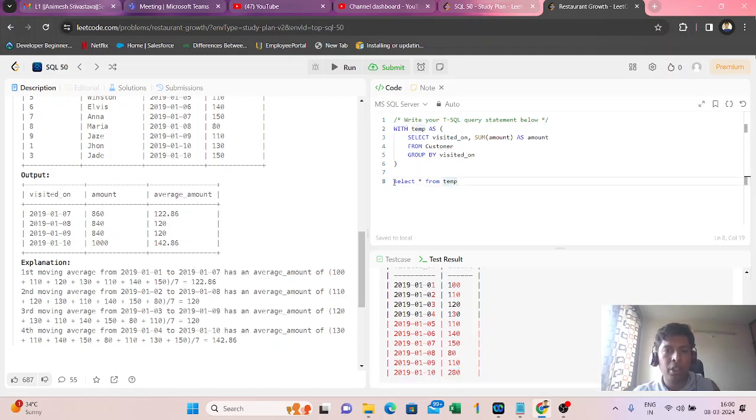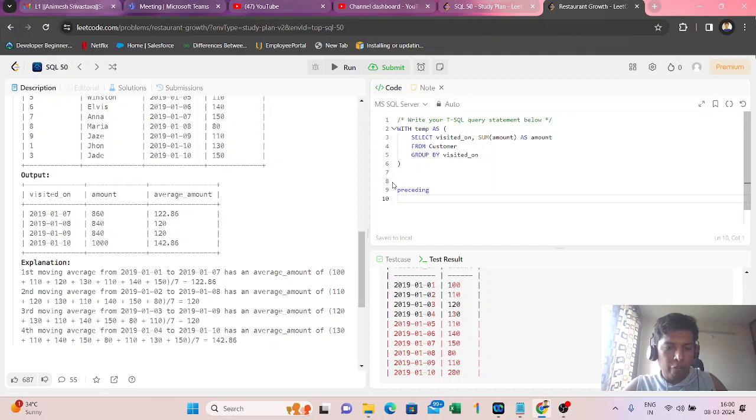Now, you know how to calculate the moving average over a period window. There is a condition known as preceding and following. Suppose we write rows between 6 preceding and current row.